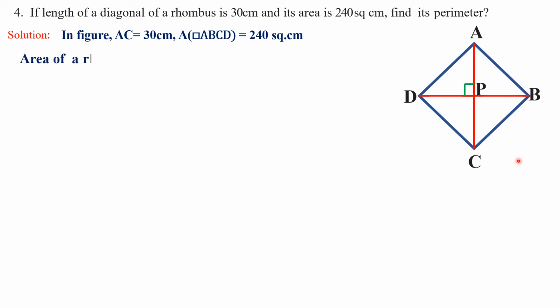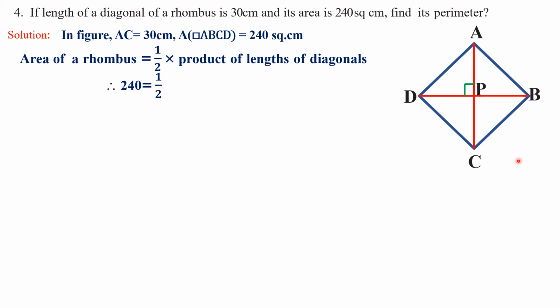So write down the formula. Area of rhombus is equal to 1 upon 2 into product of lengths of diagonals. Now substitute the values. Therefore, 240 is equal to 1 upon 2 into 30 into BD. Half of 30 is 15. Therefore, 240 is equal to 15 into BD.